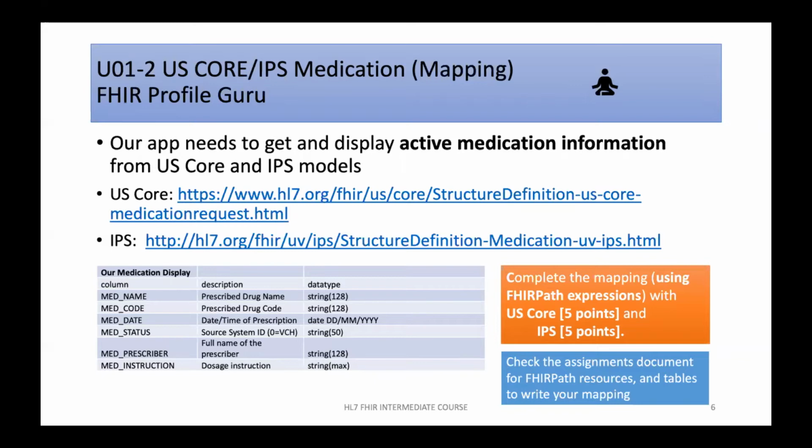So we want you to tell us where to find these elements in the US Core MedicationRequest and the US Core Medication and the IPS medication. We provide you with a table so you can write your mapping in the PDF, and we want you to make it using FHIRPath. So you have to look at some FHIRPath videos and learn a little FHIRPath.